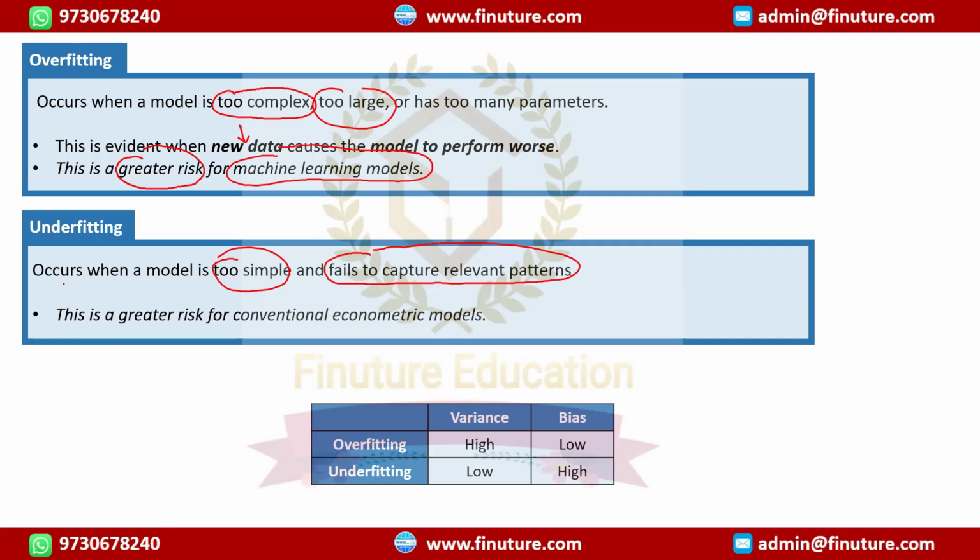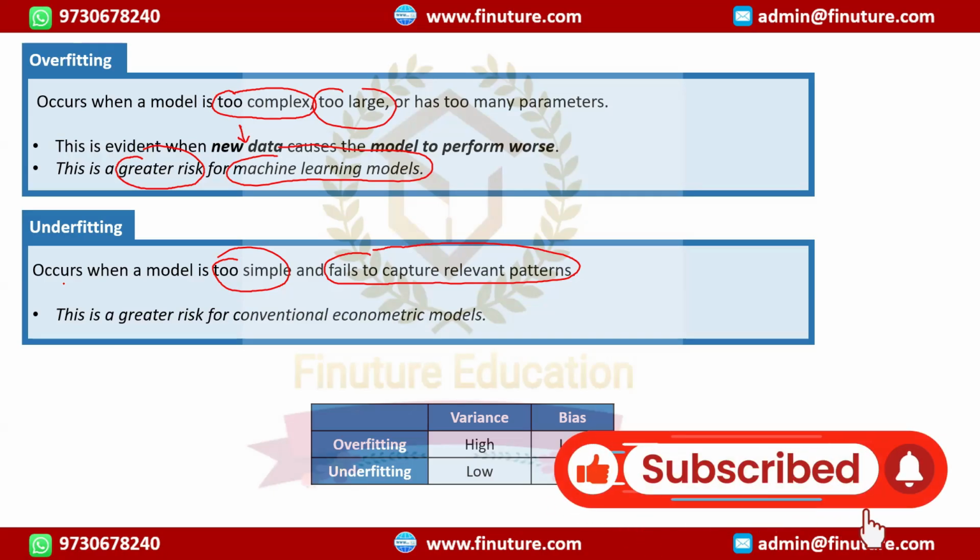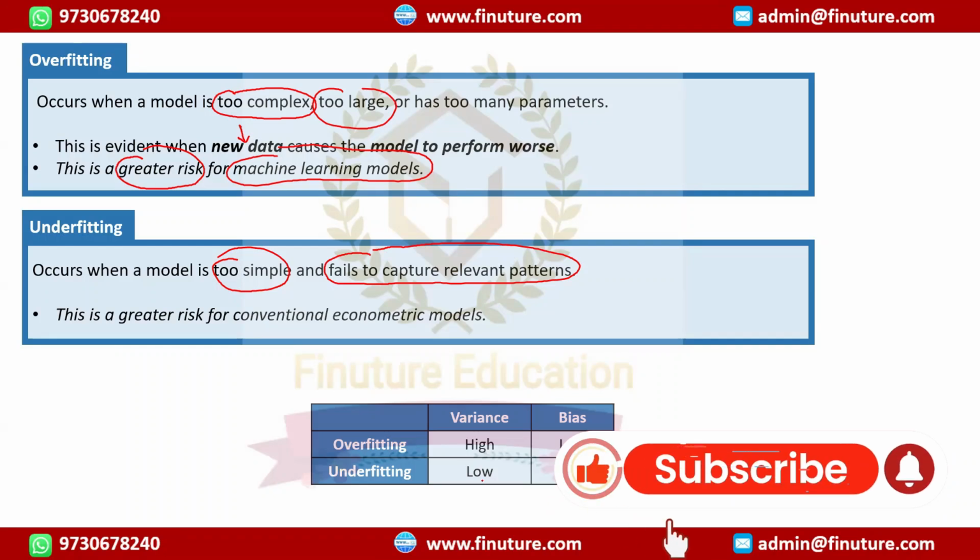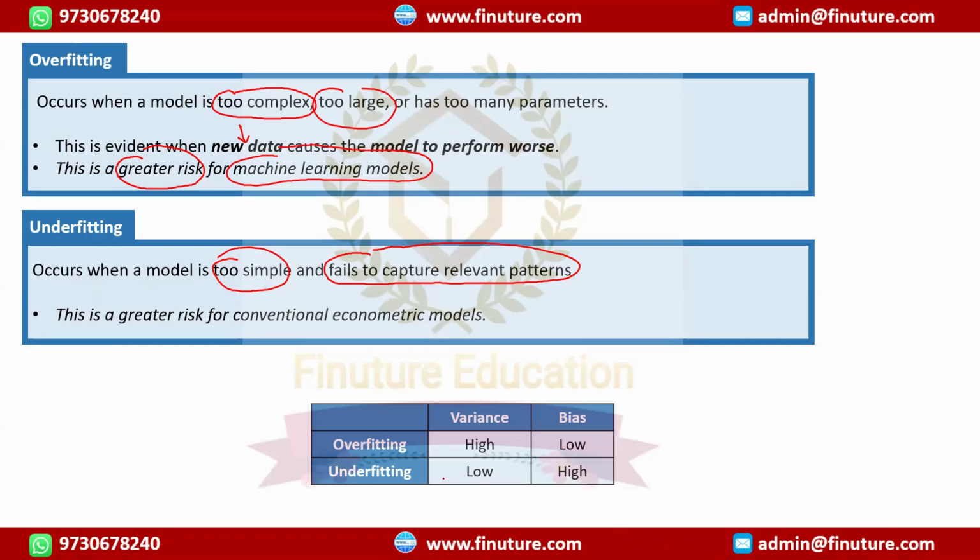But bias is high because your model assumes that a simple, linear model will capture the complex data. That's why we say with underfitting, bias is quite high, because either way it will not work well for trained and tested data.